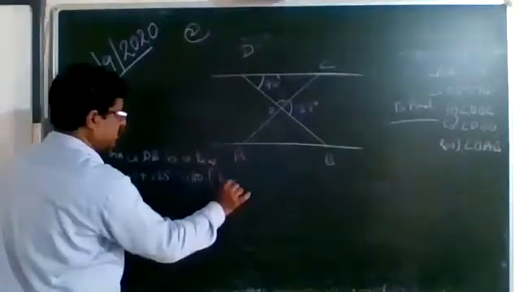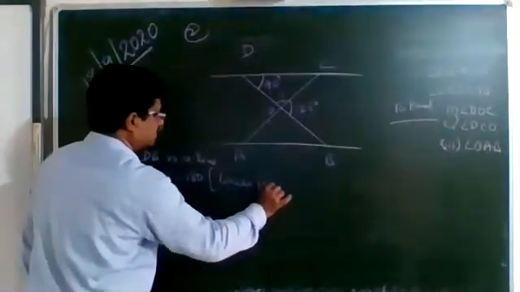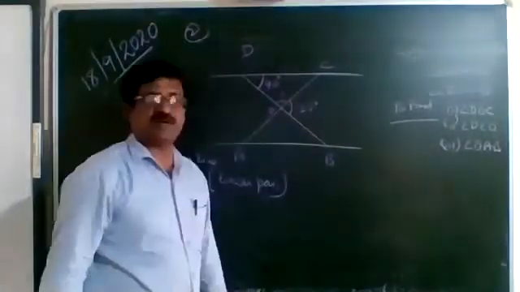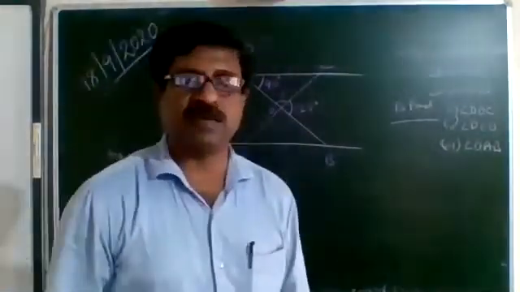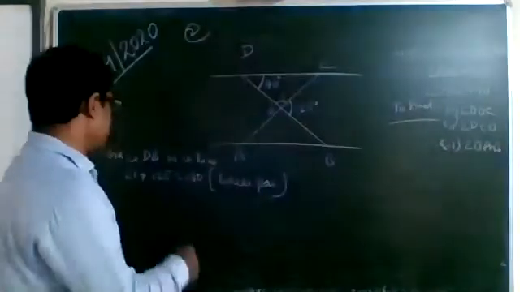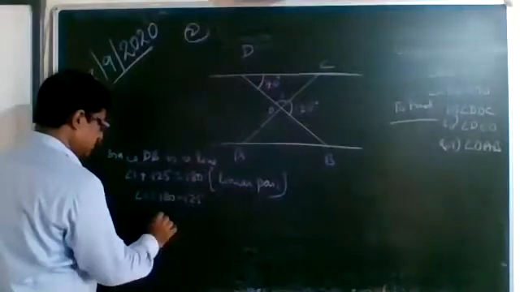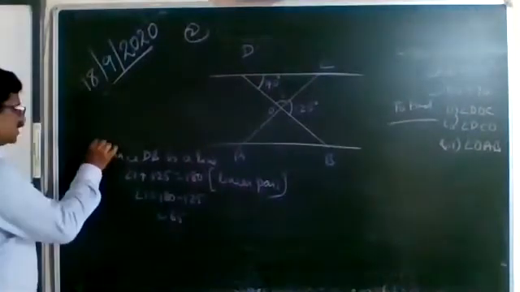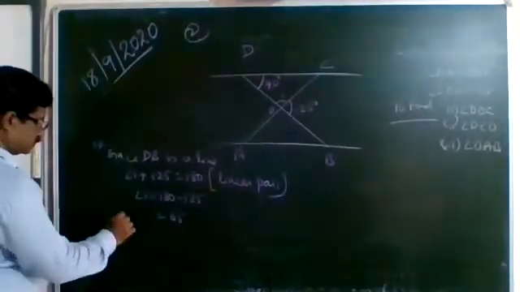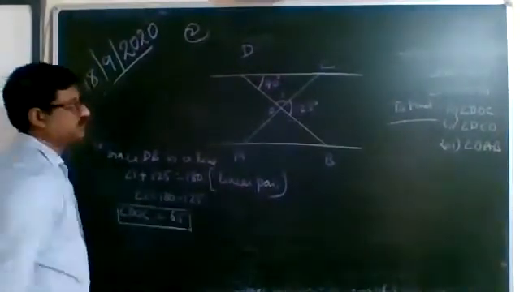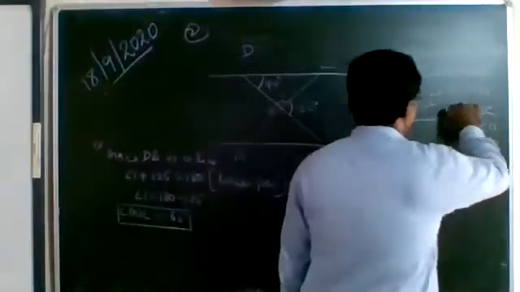The reason is linear pair. This is a straight line, and the measurement of a straight line is 180 degrees. First, try to find out angle 1. Angle 1 will be equal to 180 minus 125. And angle 1 is actually angle BOC. We have calculated the first part of the question.